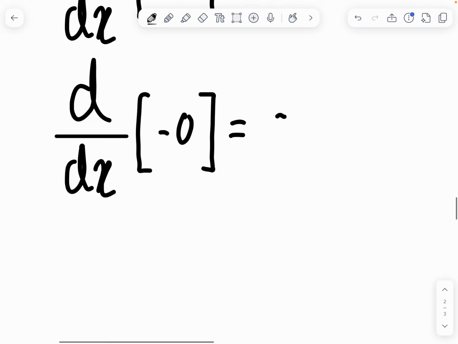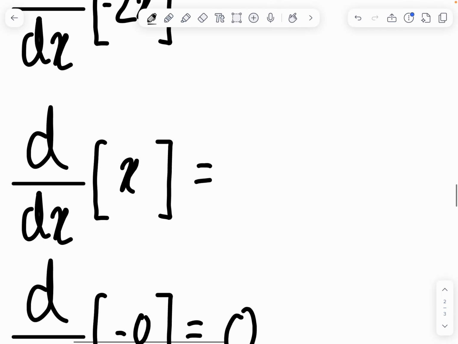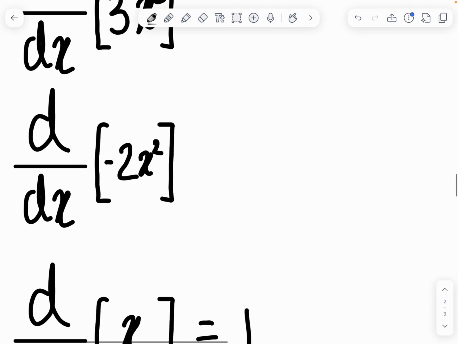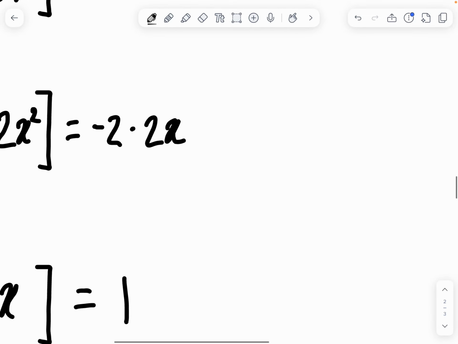So, based on last time, this becomes a 0, this becomes a 1, and let's start. Okay, so let's start with negative 2x squared. So this is negative 2 times 2x, so that turns into negative 4x.